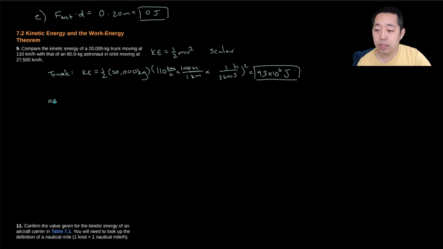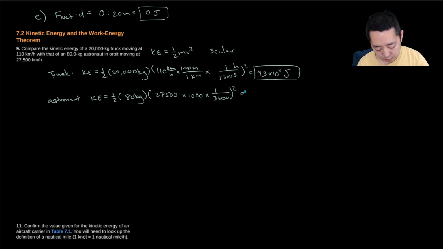Now, the astronaut is much lighter, but moving way faster. 1/2 times 80 kilograms times 25,000 squared. Again, we've got to use the same conversion because this is kilometers per hour, so I'm going to multiply by 1,000 and divide by 3,600.